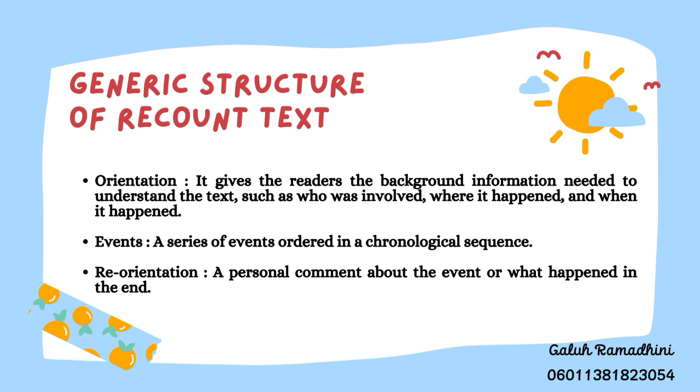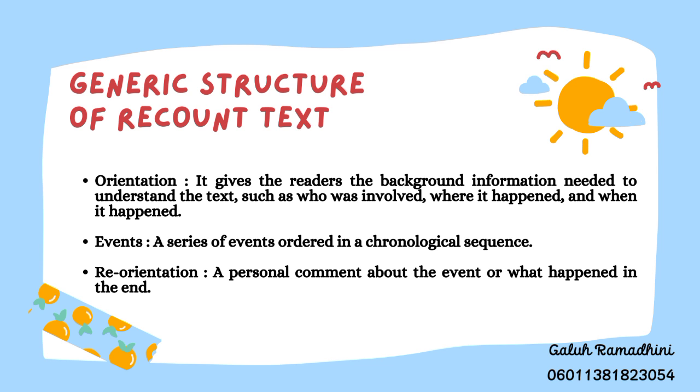How about the generic structures of recount text? So recount text has 3 generic structures. The first one is orientation. Orientation gives the readers the background information needed to understand the text, such as who was involved, where it happened, and when it happened.